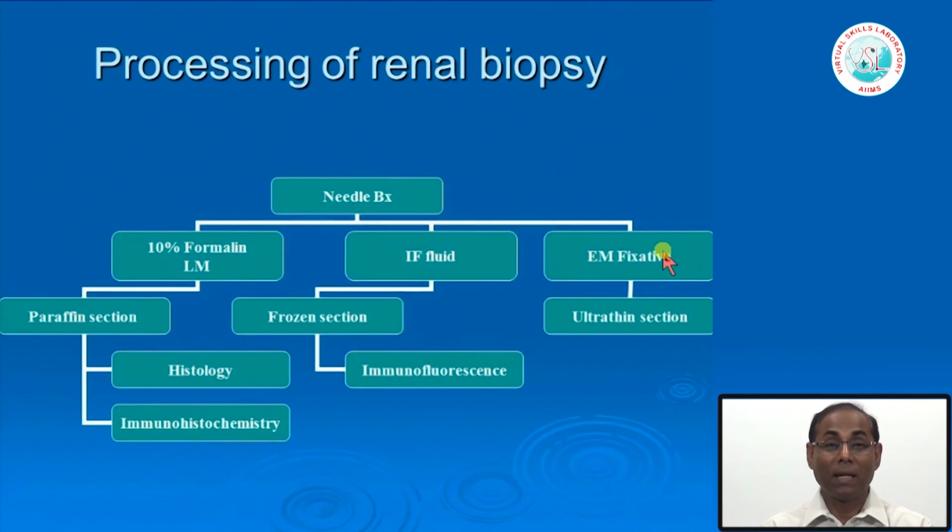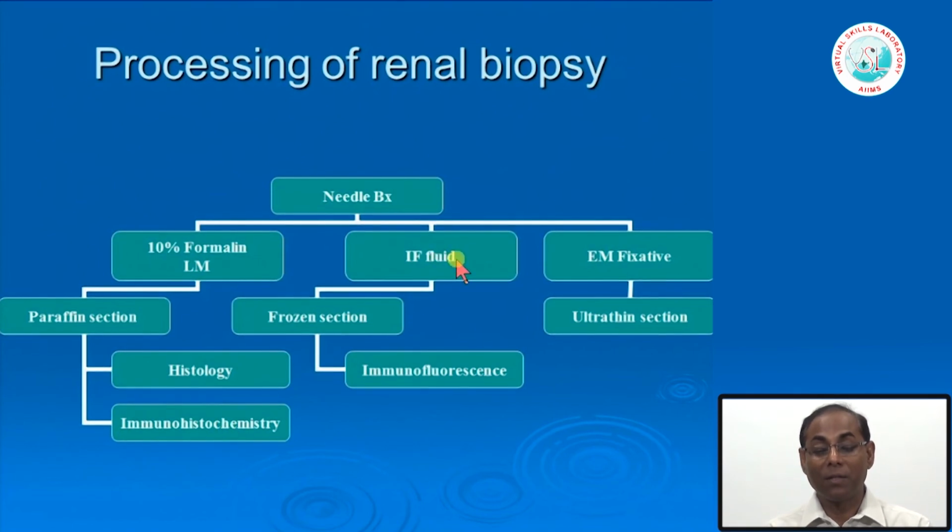I showed you that electron microscopy photographs are very helpful for us to see the podocyte abnormality, which we can't see under the light microscope. If you have to see the podocyte foot process, it has to be done by electron microscope. So, that is why it is important, and there are several diseases where EM is necessary. For the formalin fixed tissue, we do the paraffin section and we do the histology and immunohistochemistry if it is needed.